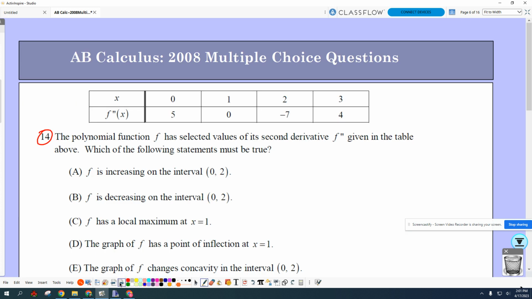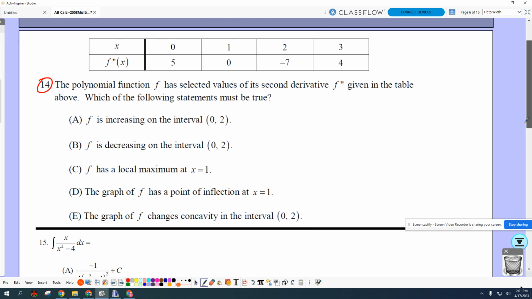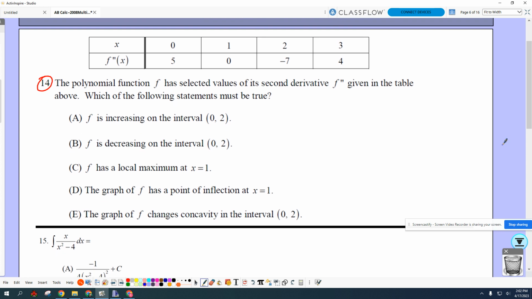All right, 14. Woot woot. Try it. Love the confidence.